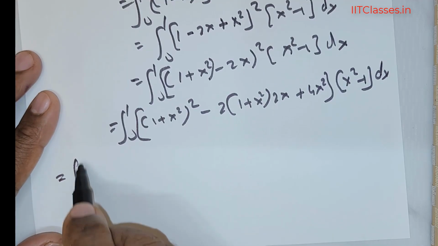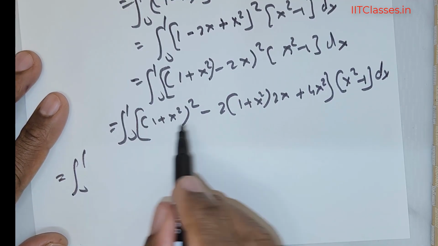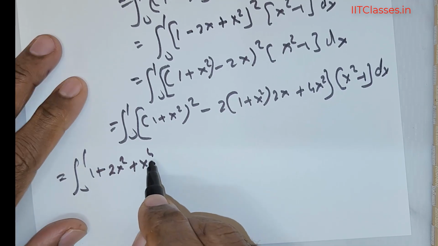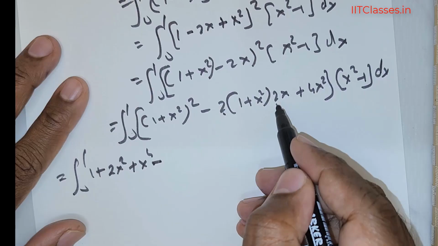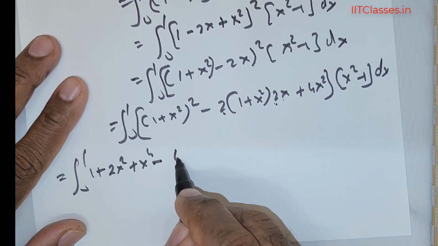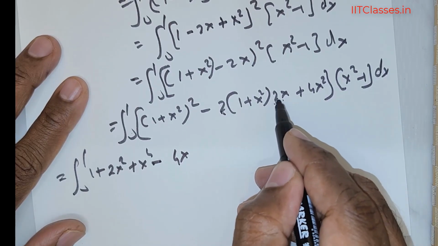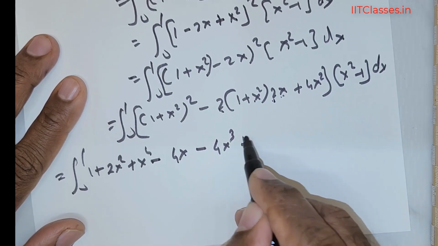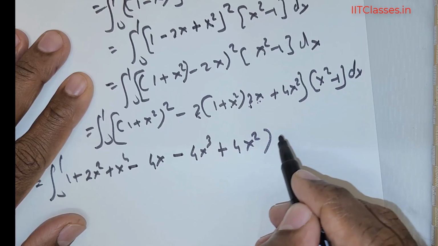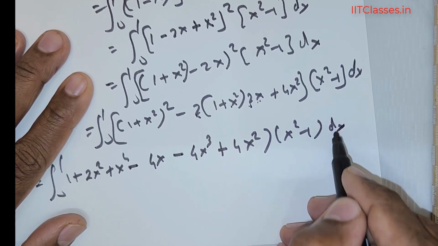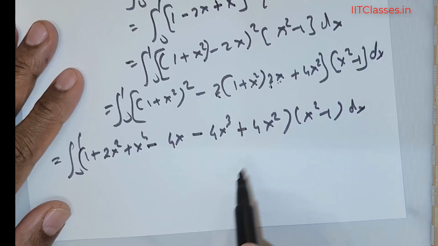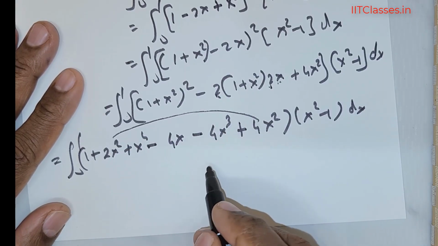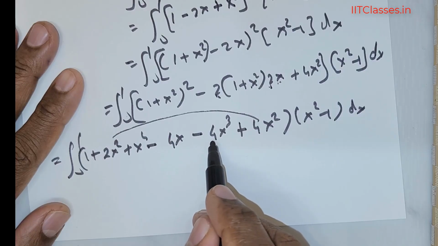So this is going to be integral 0 to 1. I can expand this. This is going to be 1 positive 2 times x squared positive x to the power of 4 negative 4 times x, negative 4 times x to the power 3, positive 4 times x squared, times x squared negative 1 times dx. Is there anything I can club together? I have a 2x squared and a 4x squared, I can club them.